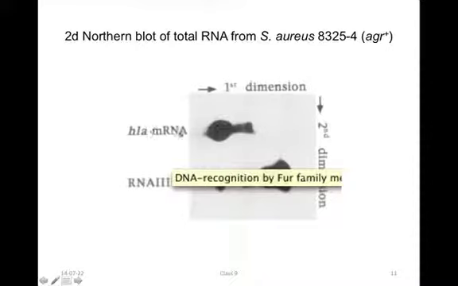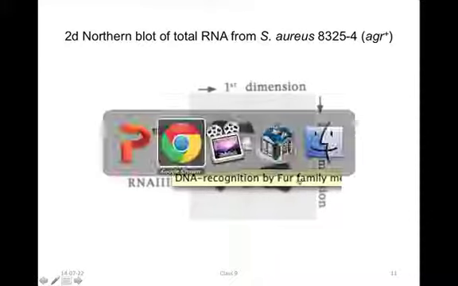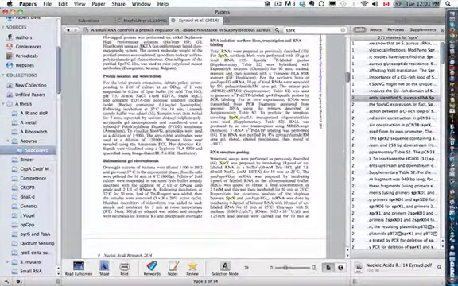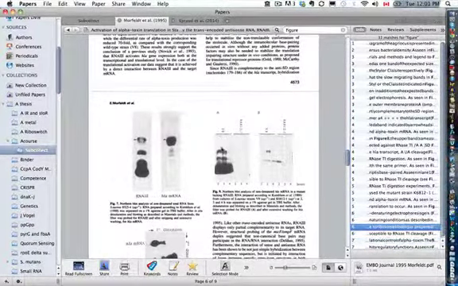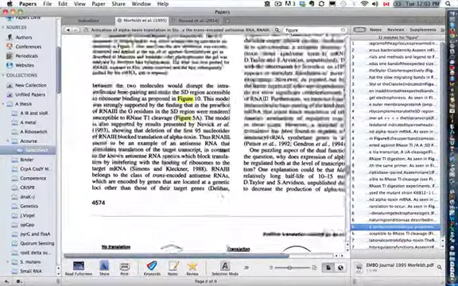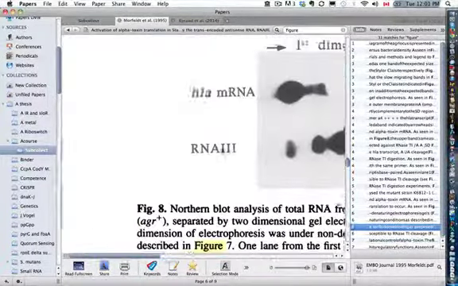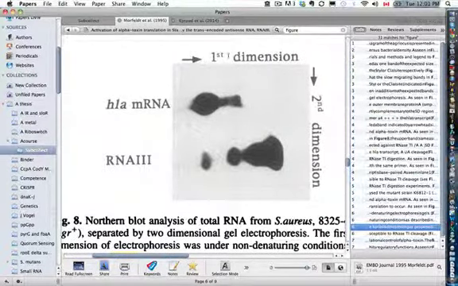You take the HLA RNA with RNase 3 in one dimension, and then in the second dimension, and that shows you can separate the RNase 3 from the HLA.